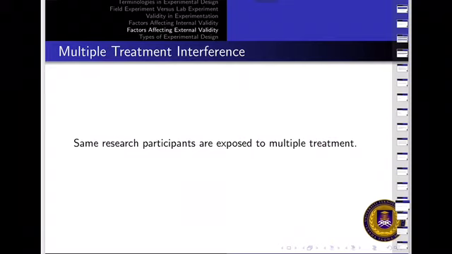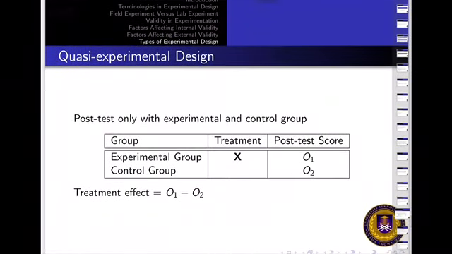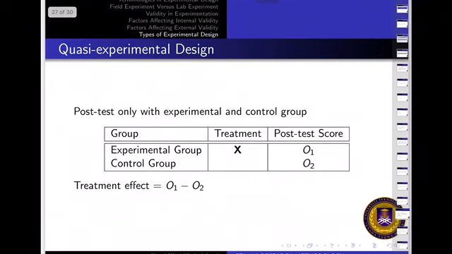But under natural setting mungkin dia ada banyak treatment. So it's a vice versa. So that is a factor that affects the internal and the external validity.